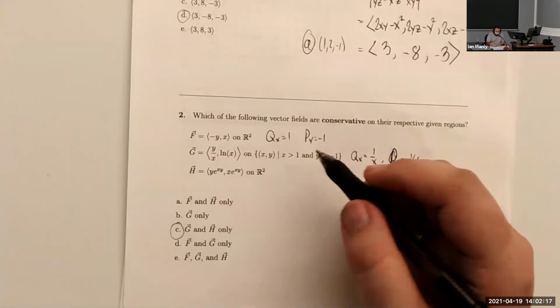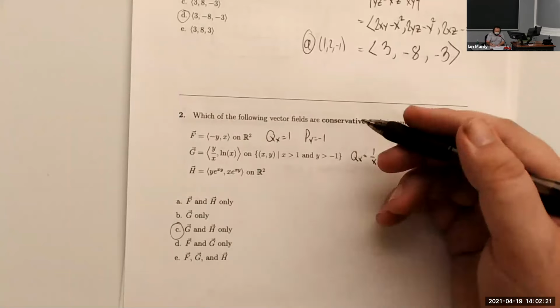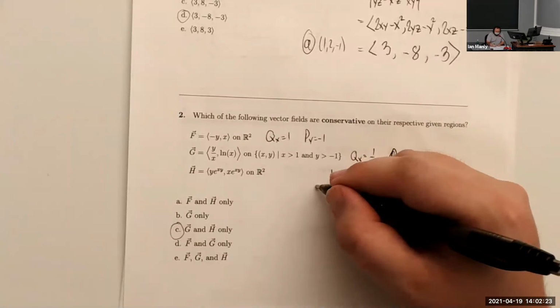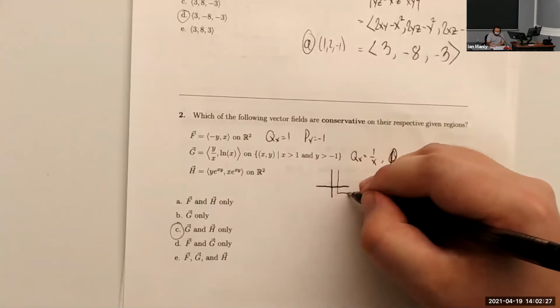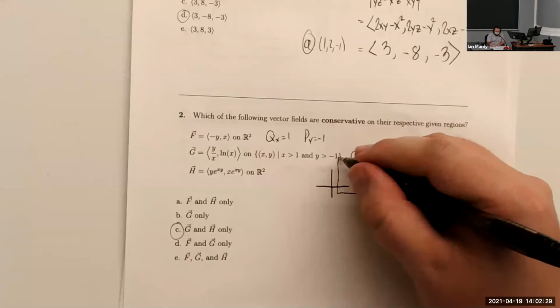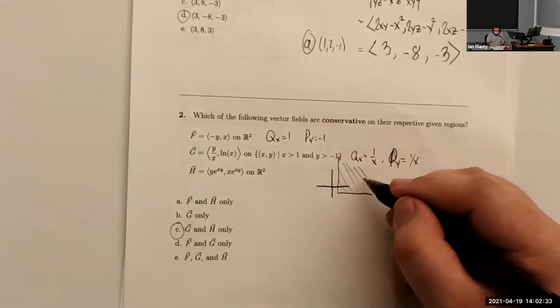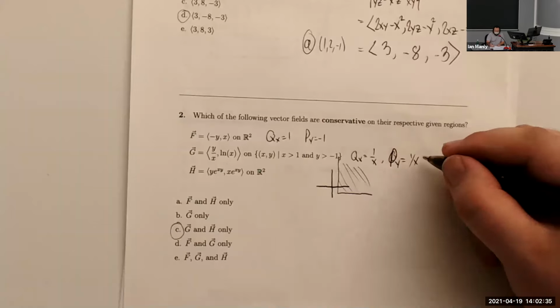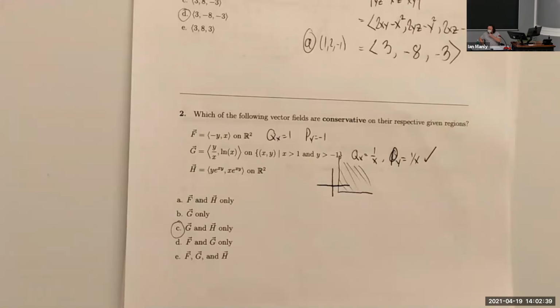But this is just going to be a box. This is going to be all x greater than 1, y greater than negative 1. So this domain will look like this here, and that's going to be simply connected. There aren't any holes in here or anything like that. So yes, G actually will be a conservative vector field here.